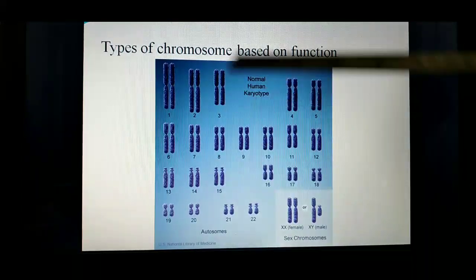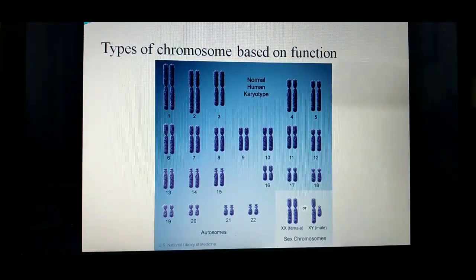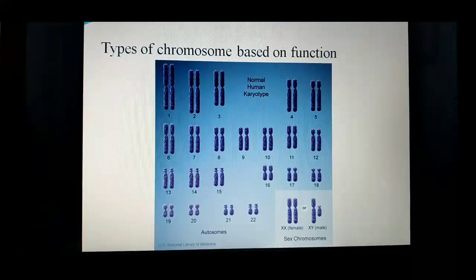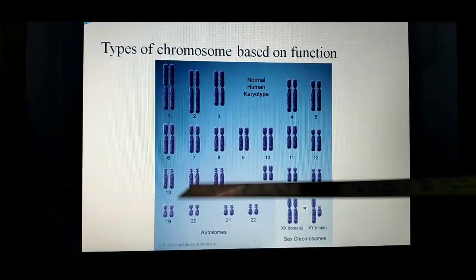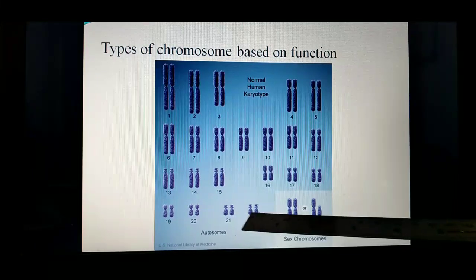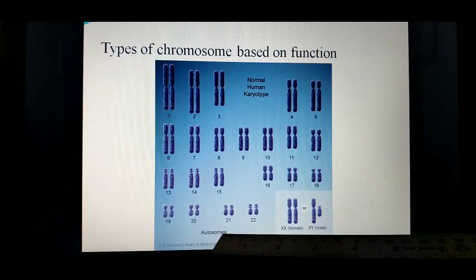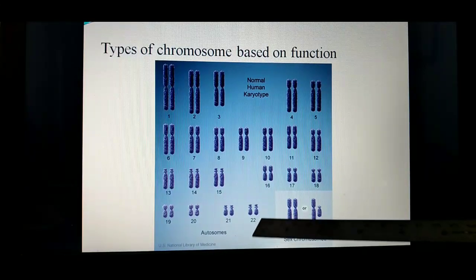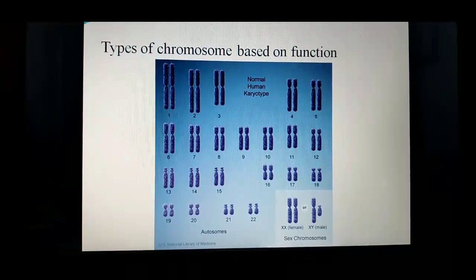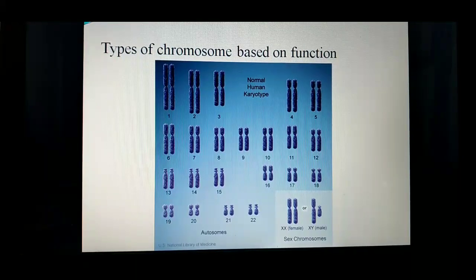So in humans, there are 23 pairs of chromosomes, or 46 chromosomes. Here, the first 22 pairs of chromosomes are called autosomes or somatic chromosomes. These 22 pairs of chromosomes determine the body characters.